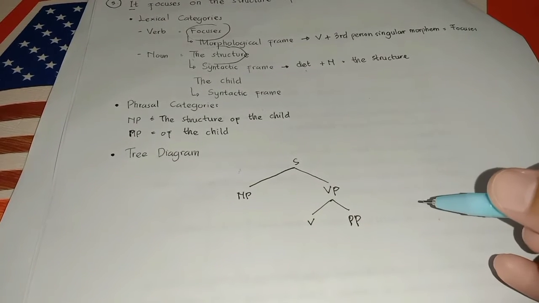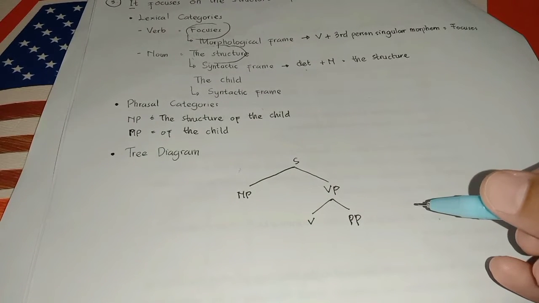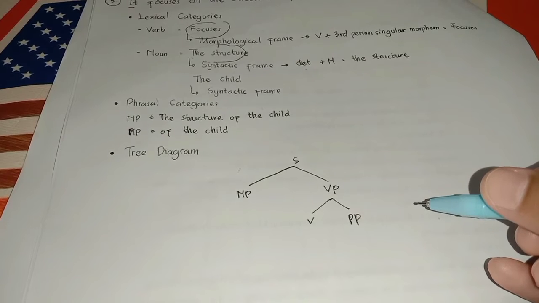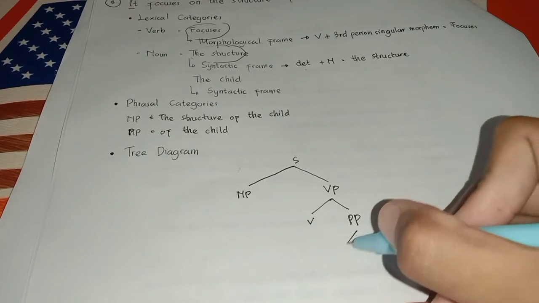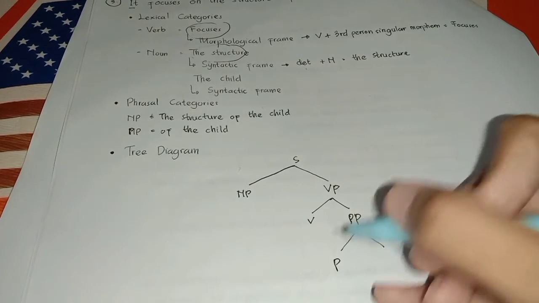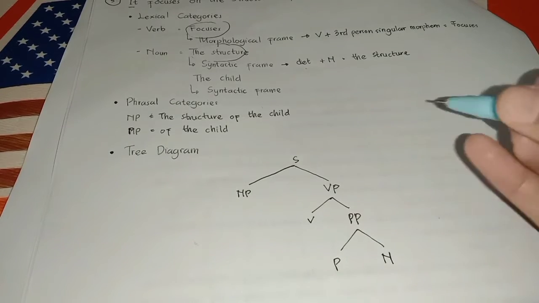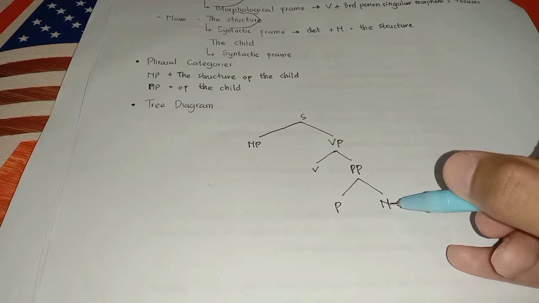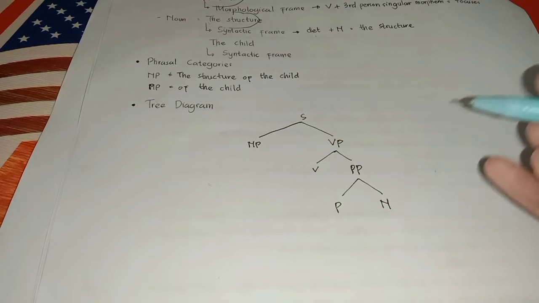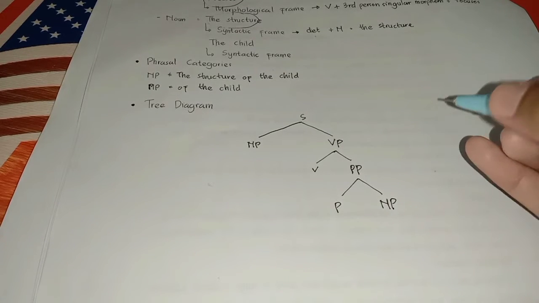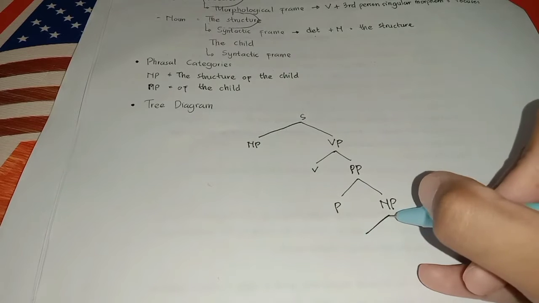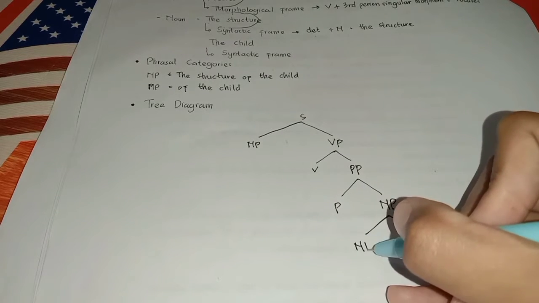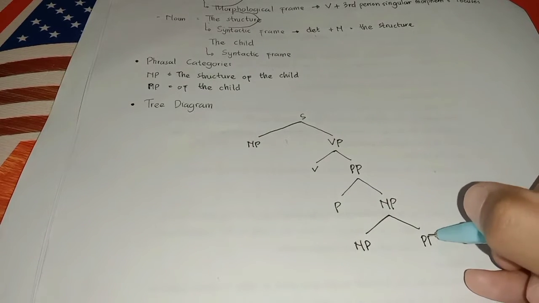Is there any element that can still be divided again? Of course, the prepositional phrase we can divide into preposition and noun phrase. Preposition is "on," the noun phrase is "the structure of the child." The noun phrase we can divide again into noun phrase and prepositional phrase.